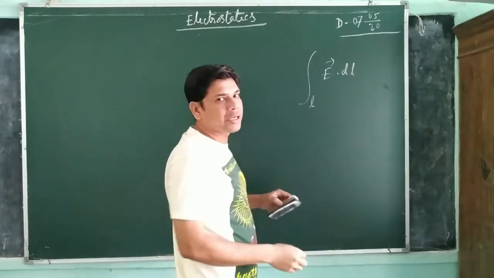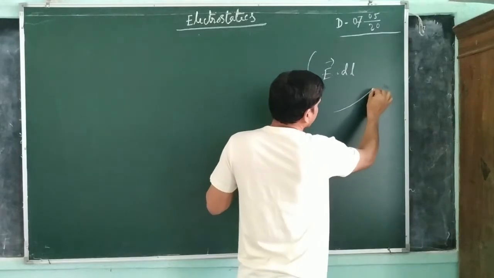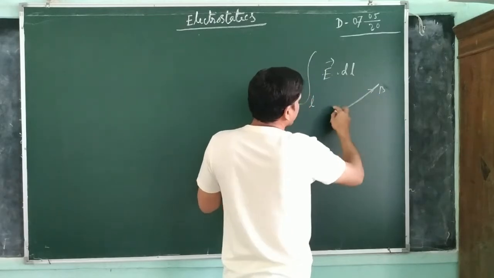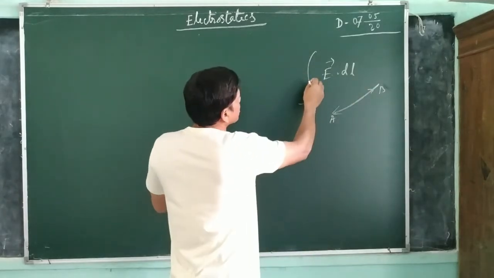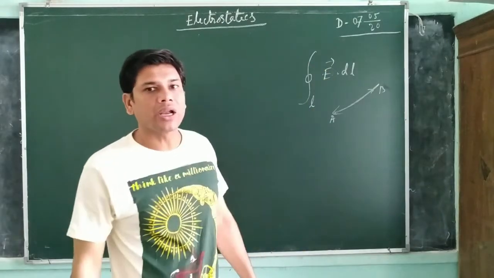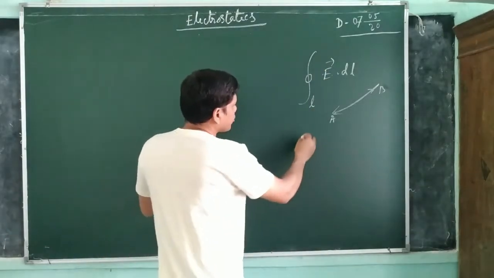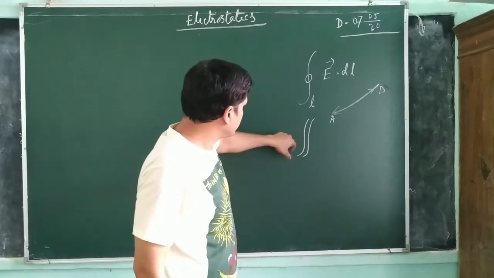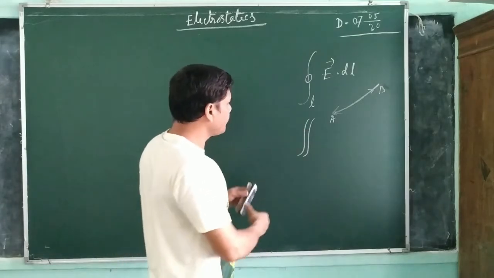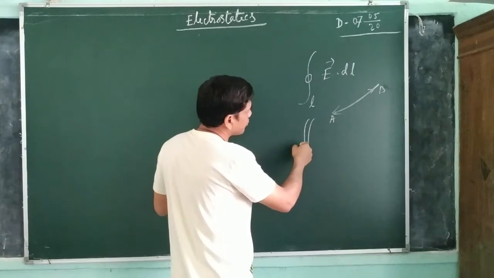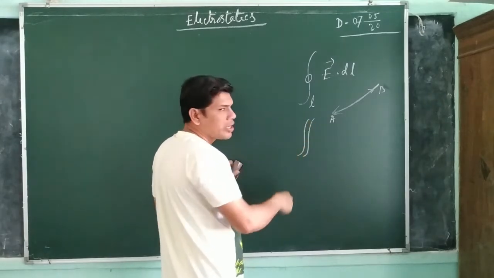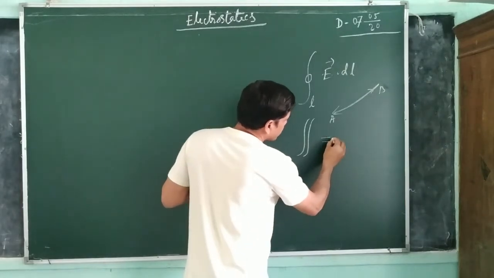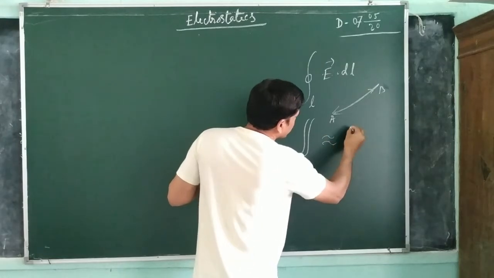Now, in line integration we are integrating along a line, suppose from A to B, and again coming from B to A. This type of integration is called closed line integration. Next is called surface integration. Symbolically, for surface integration we have to put two integration signs, or you can also write it like this.